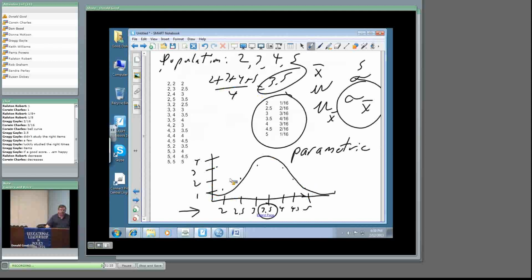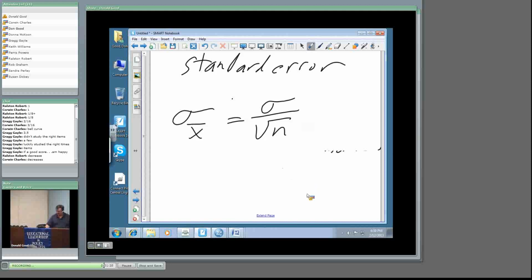Let's just do a couple of quick things. Let's look at the ACT again. We said the ACT has a mean of 21 and a standard deviation of 4.5.